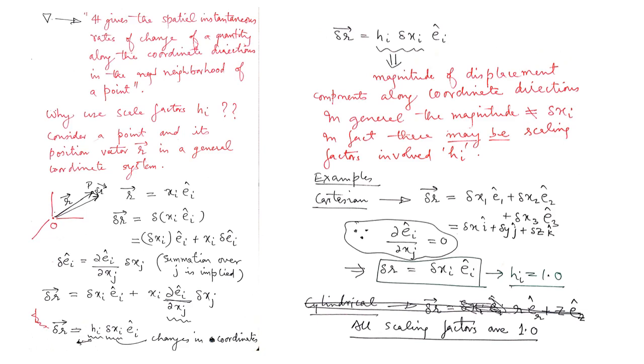Since it involves del xi, along different coordinate directions it will give me how fast in space a quantity is changing locally at a certain point if the observer displaces himself along various coordinate directions, or along a general direction, let's say.